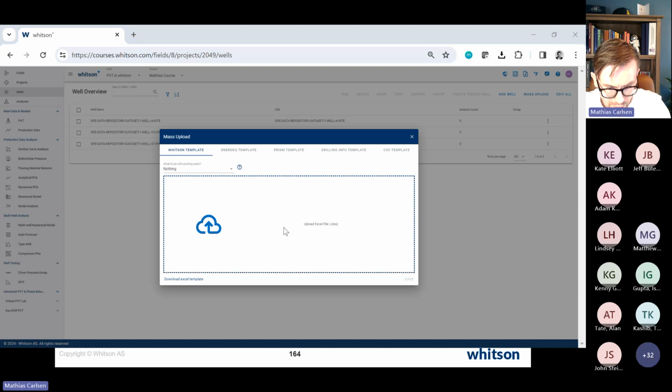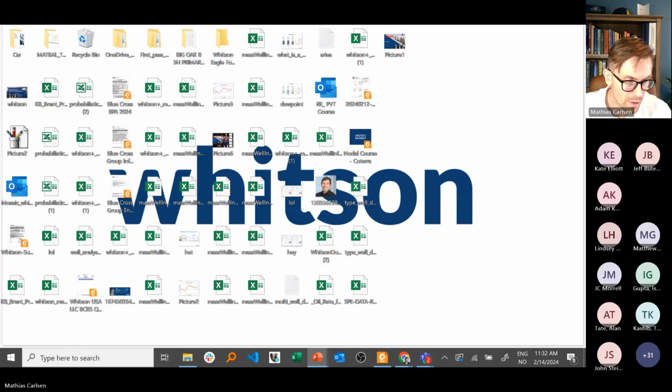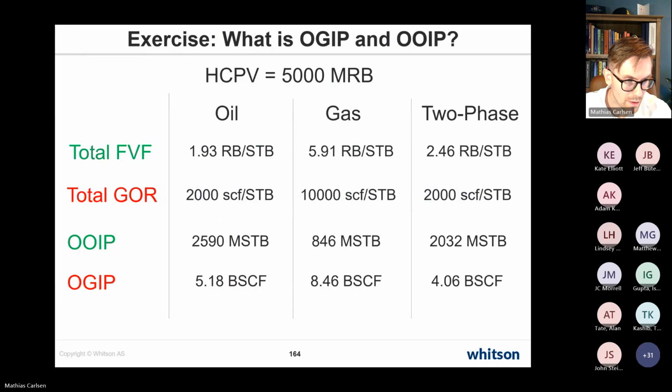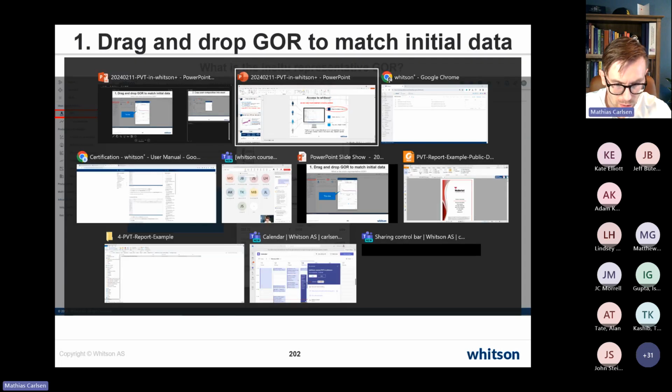Then you find a file and you click save, and you should have 3 wells now. Okay. People all having 3 wells?